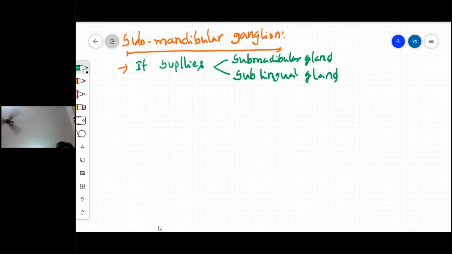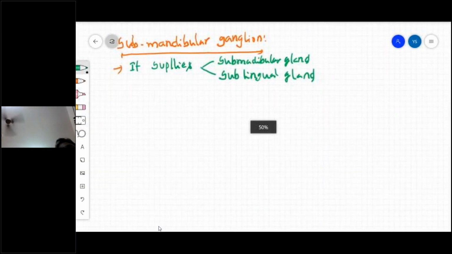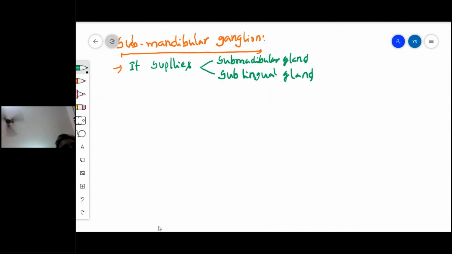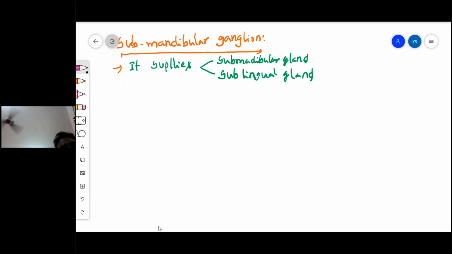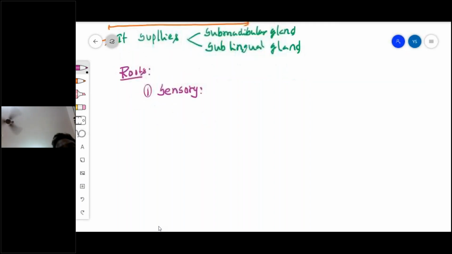You know that the peripheral parasympathetic ganglia in the head and neck all possess three roots. Number one, the sensory root. Number two, the sympathetic root.